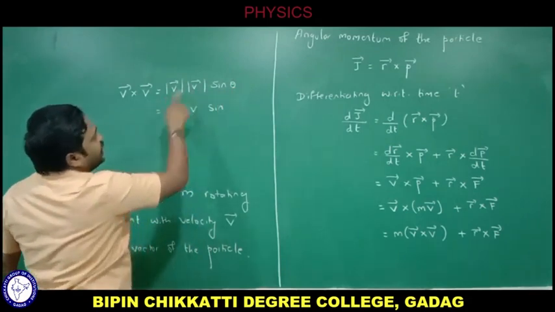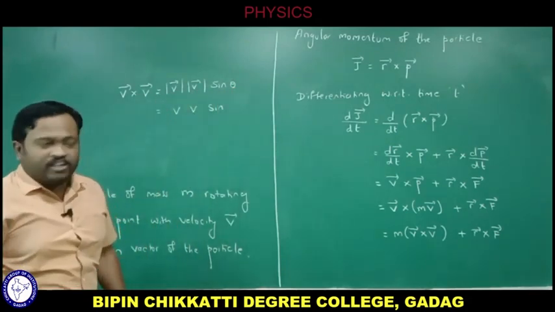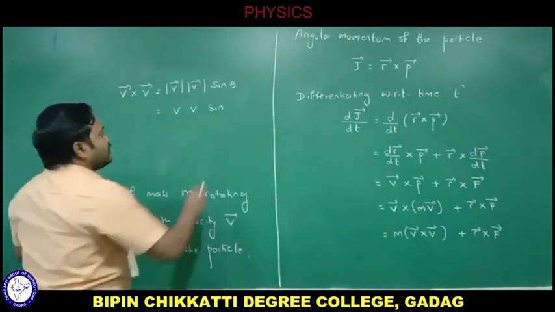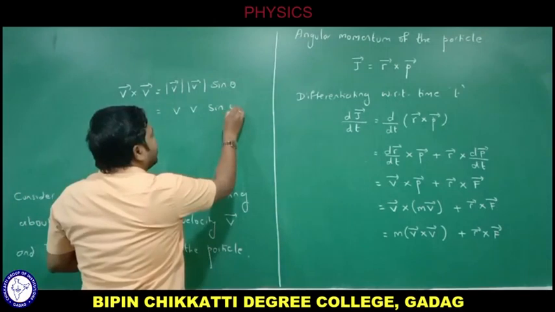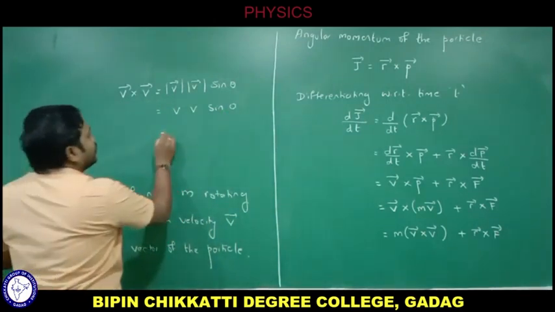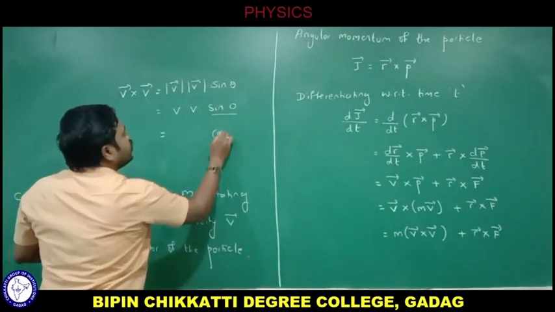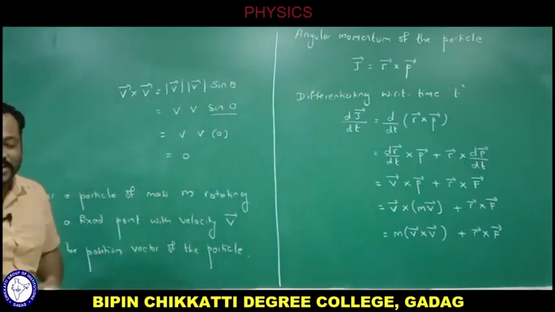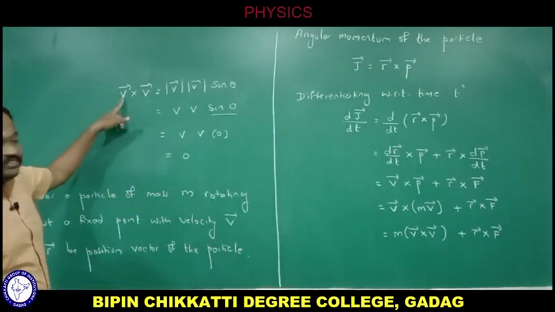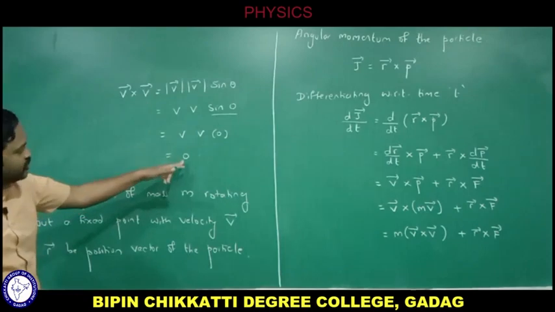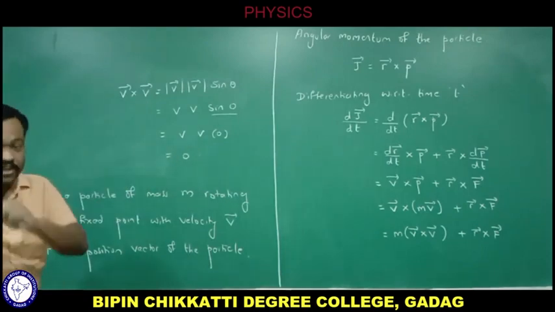Here theta is the angle between v and v. If both are the same vector, then what is the angle between two same vectors? The angle between two same vectors is 0. What is sine 0? Sine 0 is 0. So if you multiply, what do you get here? 0. Right? Do you remember? When you take a cross product of the same vectors, what is the answer here? 0. Right? Do you understand this?